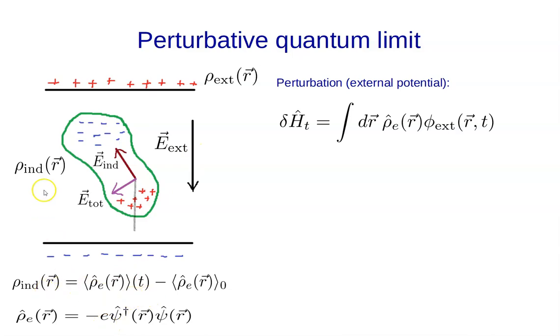But the net effect is that I'm going to induce a charge distribution in the system at a given time t, which would be the expected value of the charge density operator at a given position r at time t, minus the equilibrium case, where I had before I applied this perturbation.